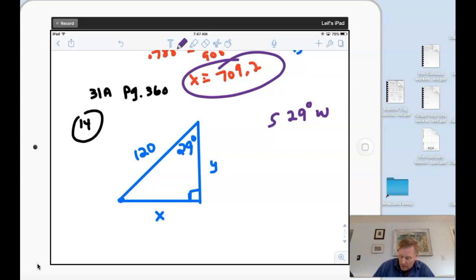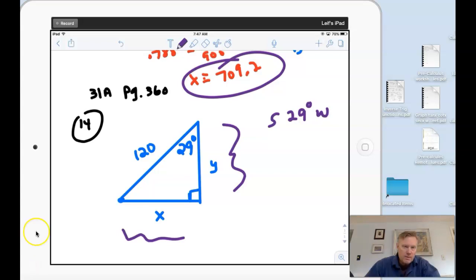A, how many nautical miles south and how many nautical miles west will the ship have traveled at 6 p.m.? So south would be the y, and west would have been the x.